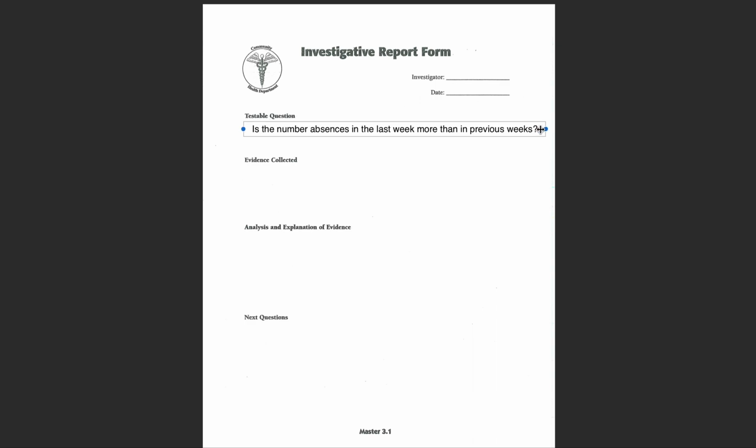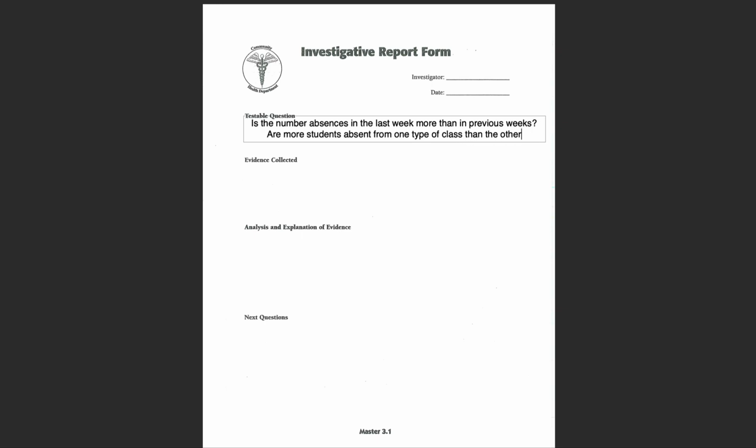That's one. Are more students absent from one type of class than the others? Because remember, we're pretty much discussing the band class for that certain day. That's why we're talking about is the number of absences in the last week more than previous weeks, because they kind of just focus on that one day, and then it's just focusing on that band class.